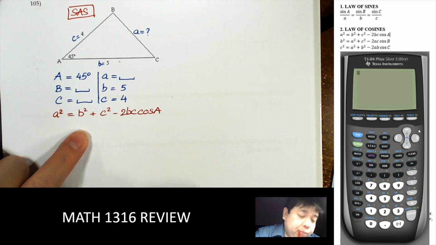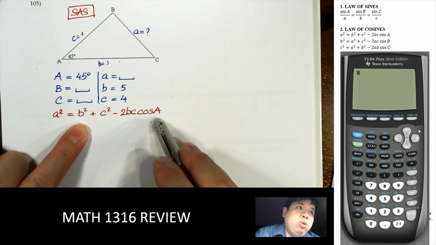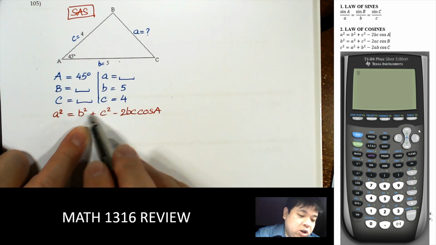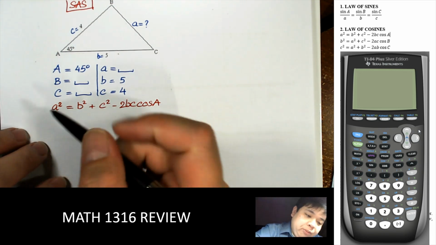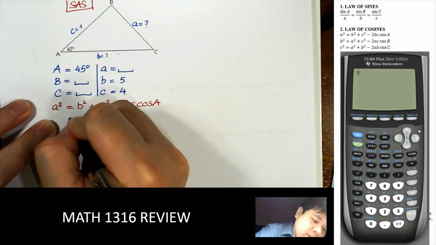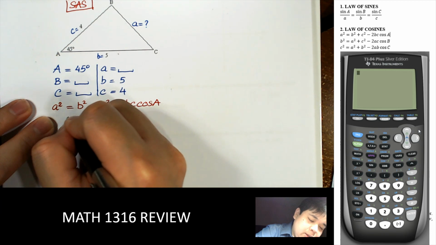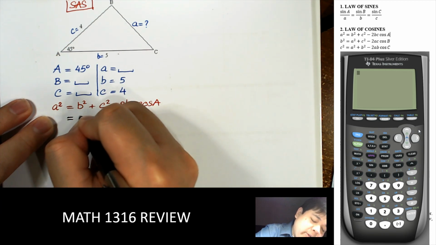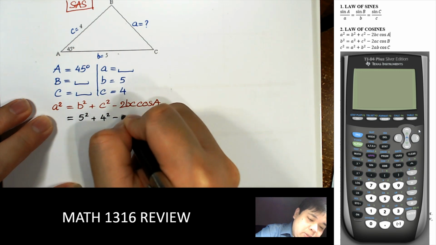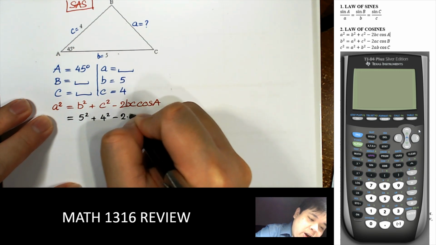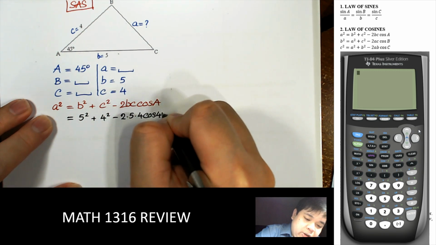So we start with a, end up with a. Everything else, the other two letters. Right, so put everything we know. b squared, 5 squared, plus 4 squared, minus 2 times 5 times 4, cosine of 45 degrees.